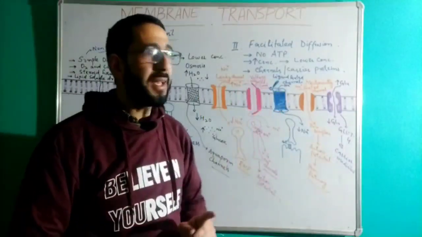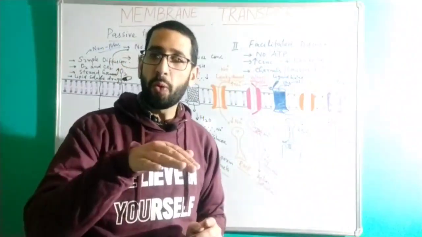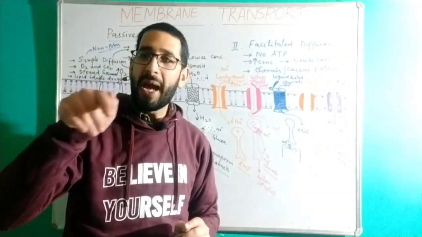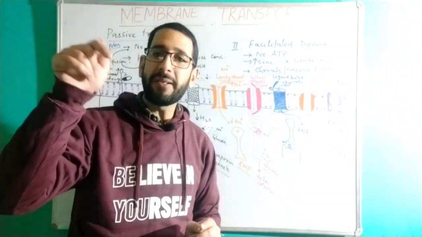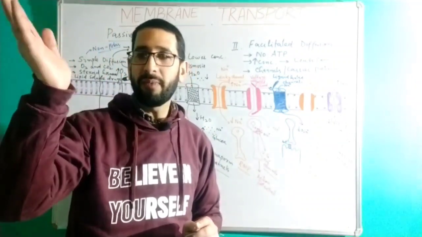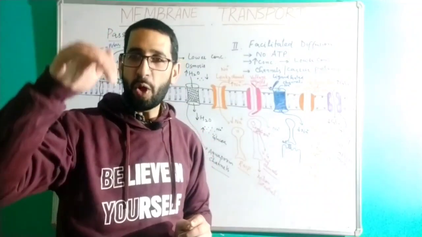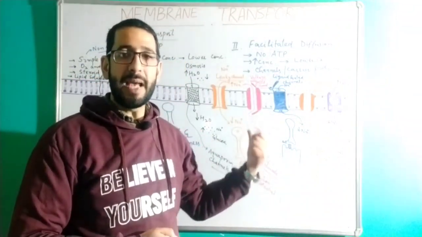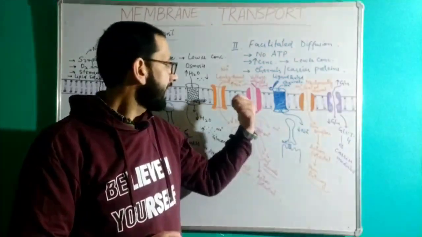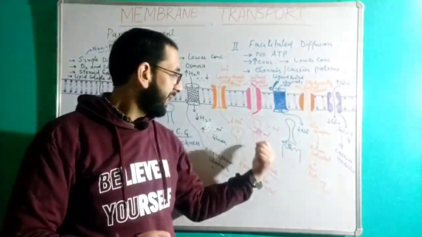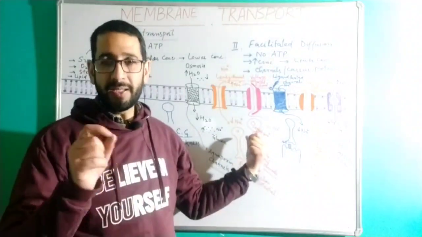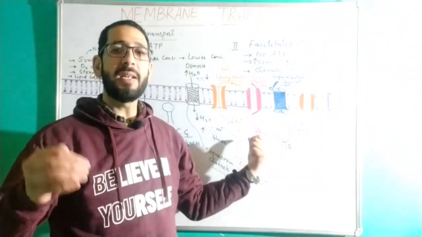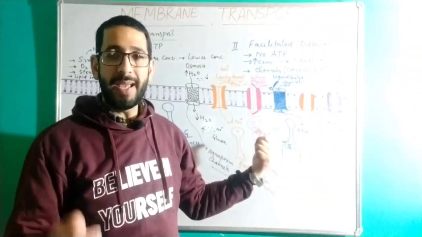And then we have ligand-gated channels. They are also closed, but whenever a ligand comes and binds on the binding site, the channel will open and start moving certain substances. The example we have given is the ligand-gated sodium channel present in the neurons at the axon hillock, which helps in generating the action potential.